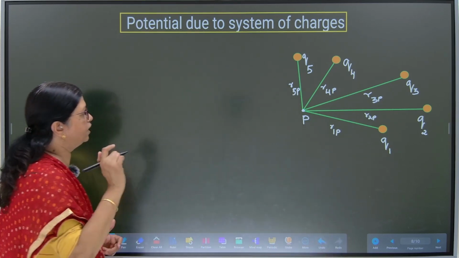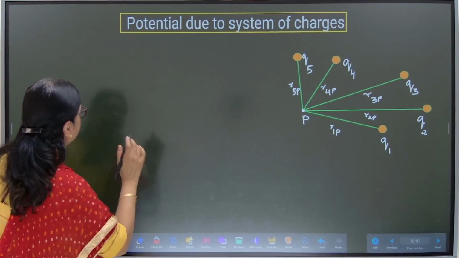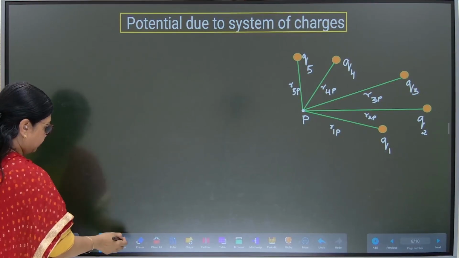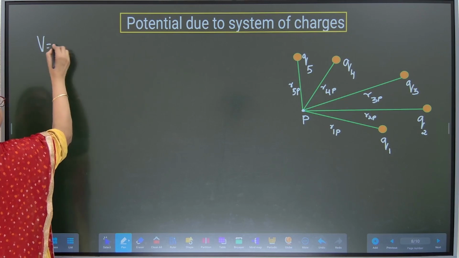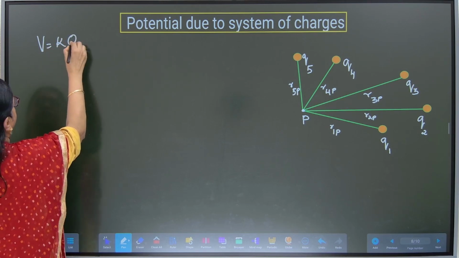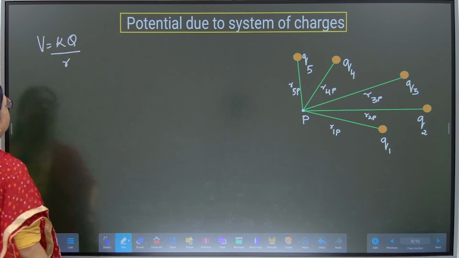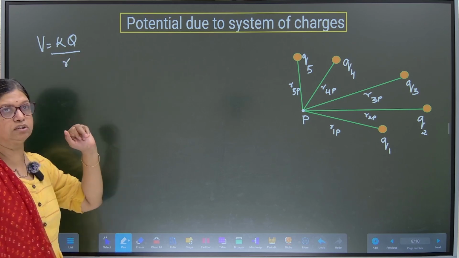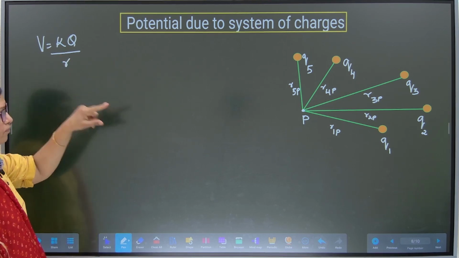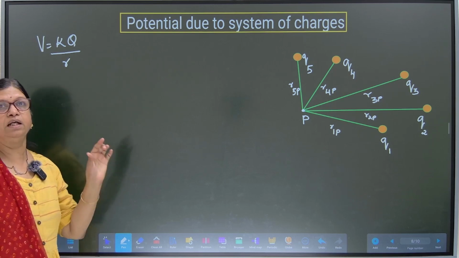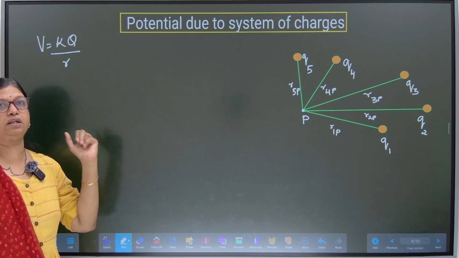Okay, so now first, as a revision part, let us remember what is the potential V due to a single charge Q, where Q is the charge whose potential we want to find out, and R is the distance between the point and the charge.